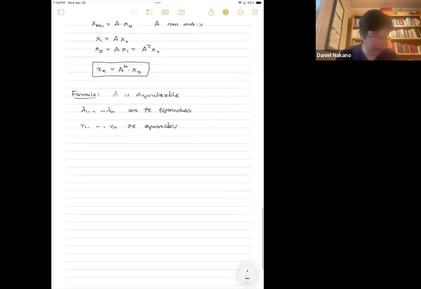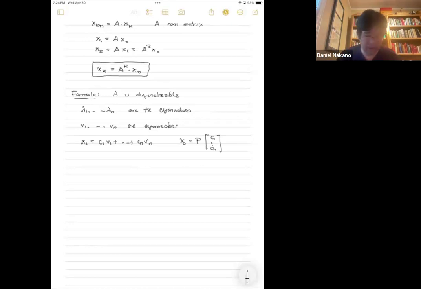Then I can write the initial condition x0 as C1 V1 plus up to Cn Vn, for some C's. Another way to say this is that x0 is equal to the matrix P times the vector C1 up to Cn.